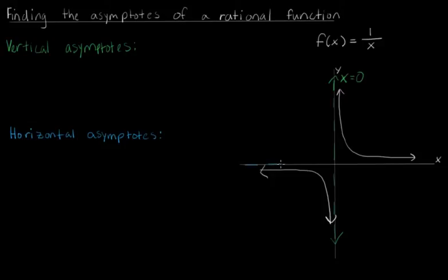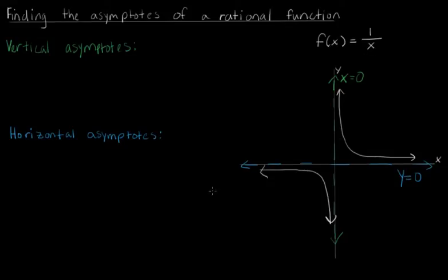So the horizontal asymptote is right here. And this horizontal asymptote is y equals 0. That's because no matter what we put in the denominator of this fraction, you can't make it equal to 0. Even if the denominator is 10 trillion, it's going to be like a 1.00000, however many zeros, and then a 1.